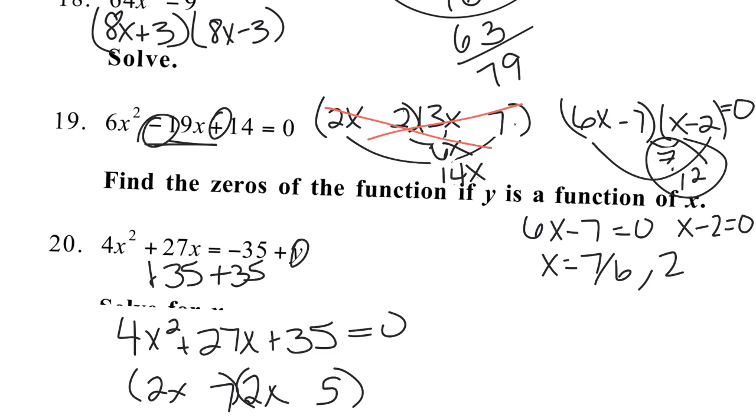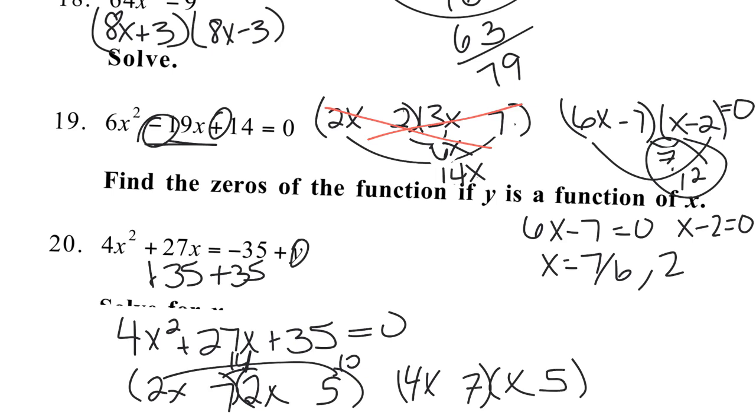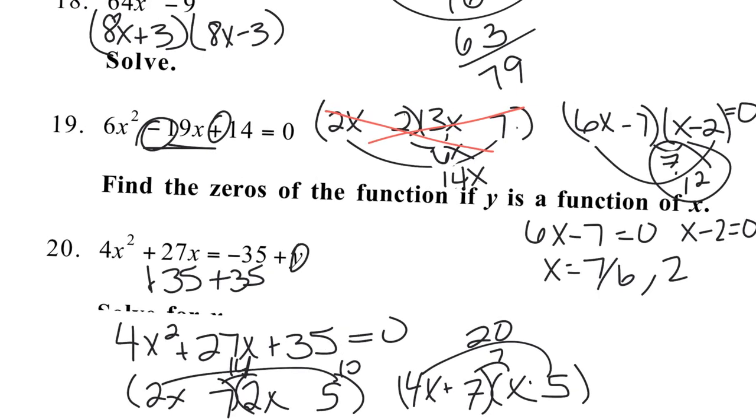I can get 10 and 14. That's only 24. Let's try 4x and x. 5 and 7, 20 and 7. That works. Plus, equals 0. So we get negative 7/4 and negative 5 when I set each of them equal to 0.